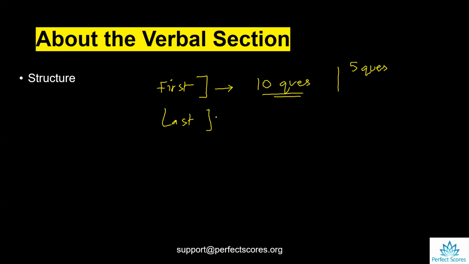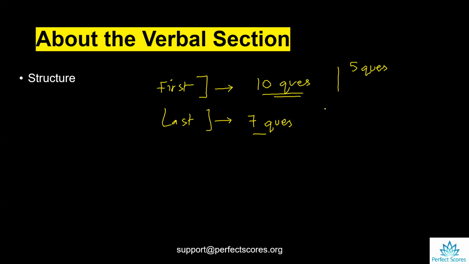About the last questions, getting all those last, I would say about 7 questions correct is important, because the level at which you end the GMAT is a very important component of your GMAT score. So the level of questions that you are getting correct towards the end of your verbal section have a huge part to play in the score that you'll be getting for the verbal section.